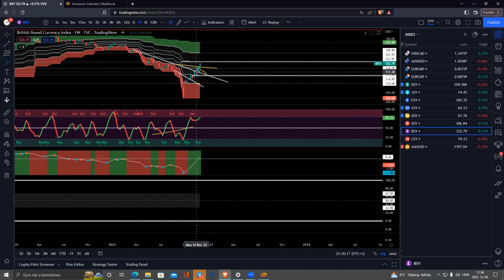It was a break retest right here, and right now we are at the 61. There is maybe some place, but I think there is still some strength in the BXY. So I think this will continue. We got here the buy side from the week before.